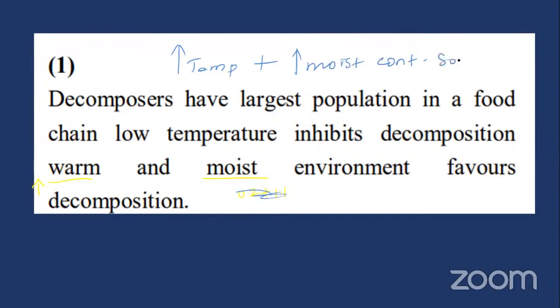If temperature increases plus there is high moisture content in the soil, with oxygen already present, then warm and moist environment favors decomposition. Normally it favors; if it is low, it inhibits the decomposition. The option is which one? A is the correct one. So, see the next one.